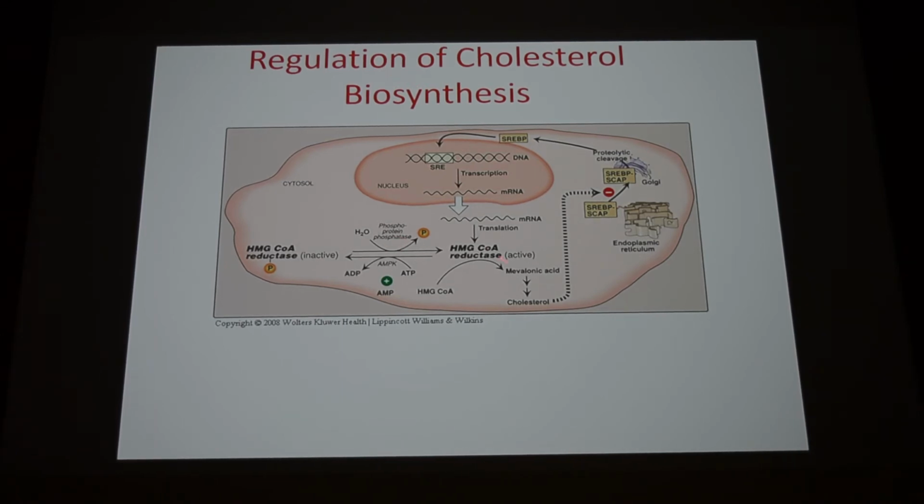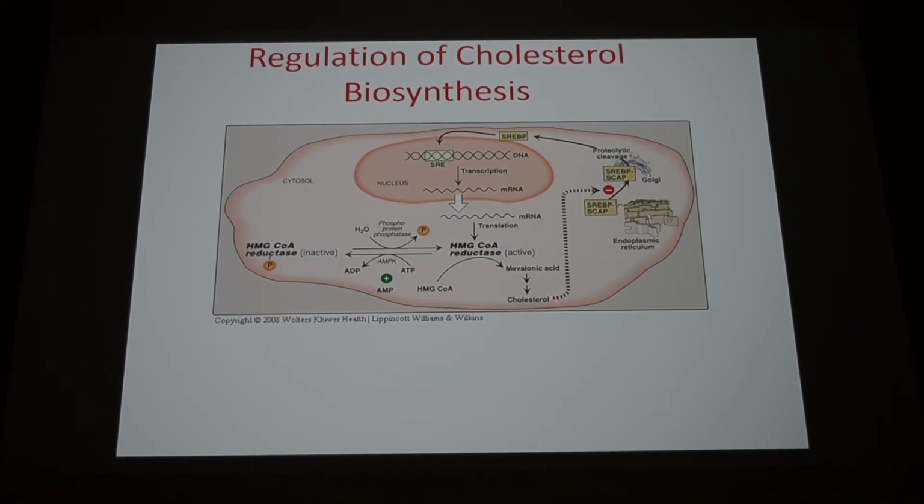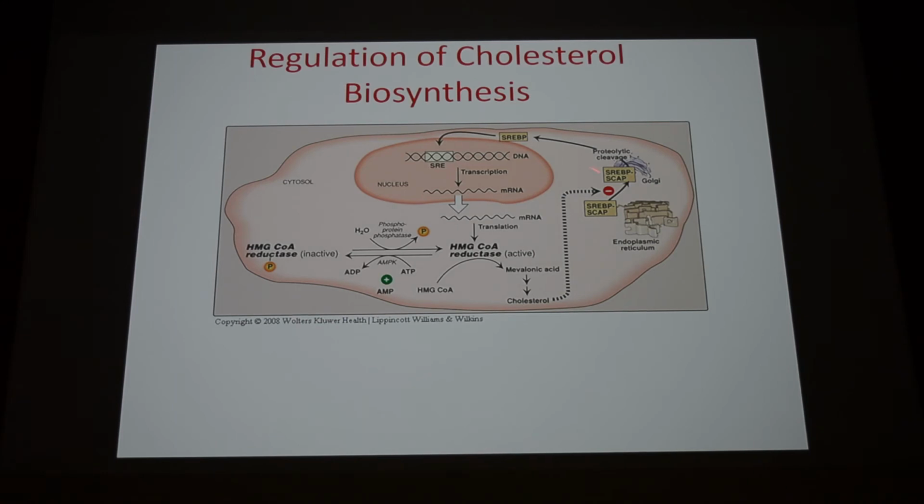So the phosphatase will activate HMG-CoA reductase, and when it is active, it will form mevalonic acid, and then mevalonic acid will form cholesterol. Now, when this cholesterol accumulates, it will inhibit the synthesis of HMG-CoA reductase. So an excess amount of cholesterol will inhibit the synthesis of the enzyme via gene expression.